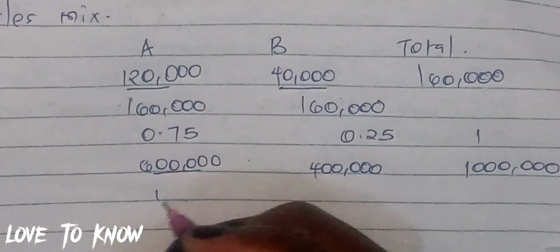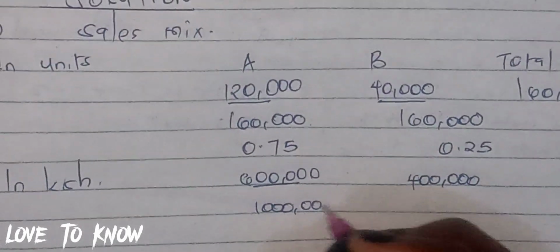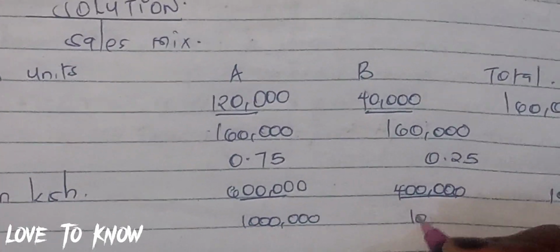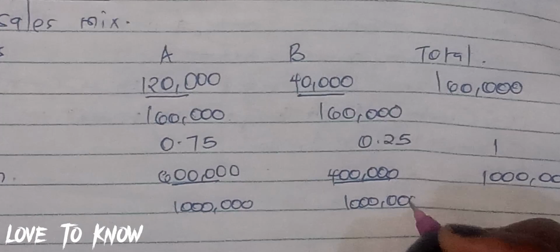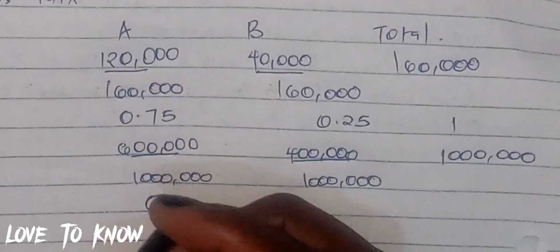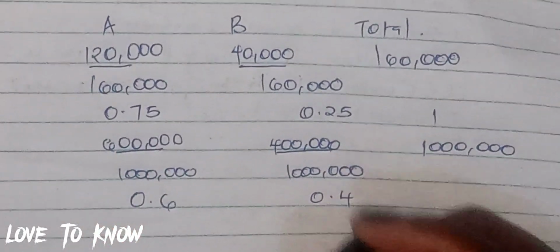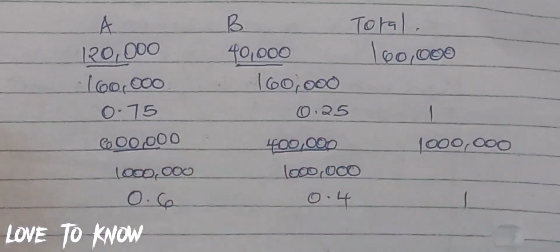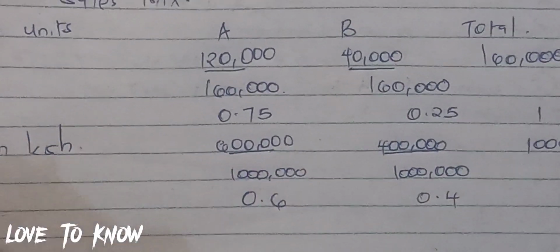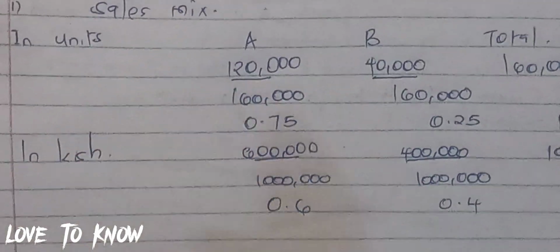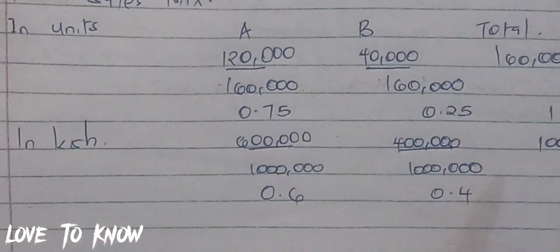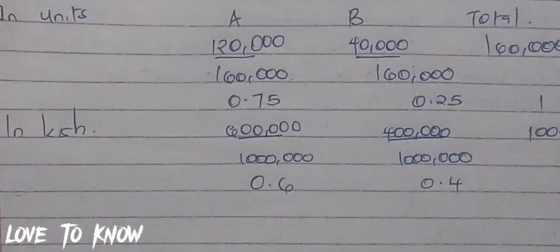That's 600,000 divided by 1 million and 400,000 divided by 1 million. And this gives us 0.6, the other one gives us 0.4. Their total amounts to 1. Up to here, we have calculated the sales mix for each product, in units and in shillings.